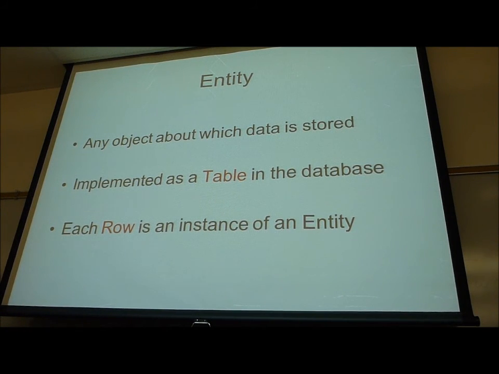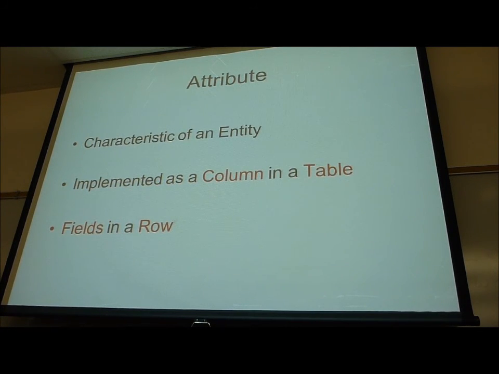You had particular products, particular customers, particular salesmen. And the characteristics would be those things described as columns, or the fields. We implement those as columns in tables, or fields in rows. It's really a straightforward process.